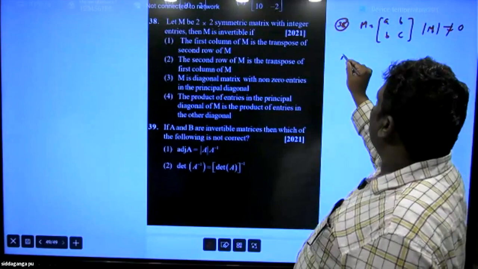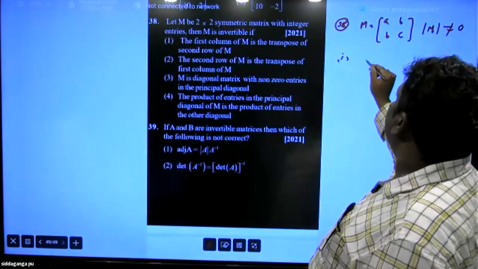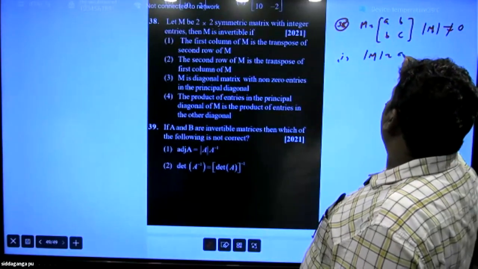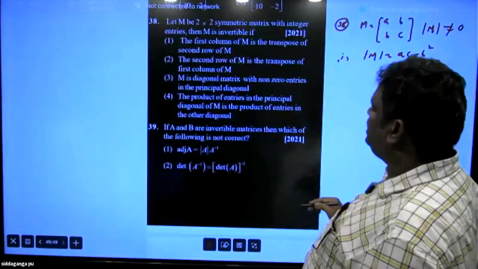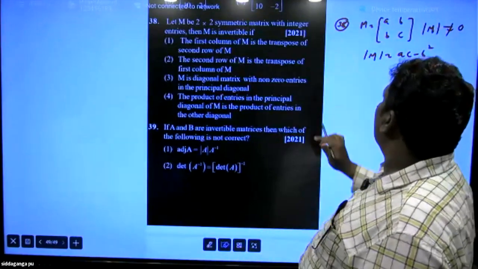Now we compare this. What is the determinant of M actually? AC minus B square. Now here, Sima, the first point.